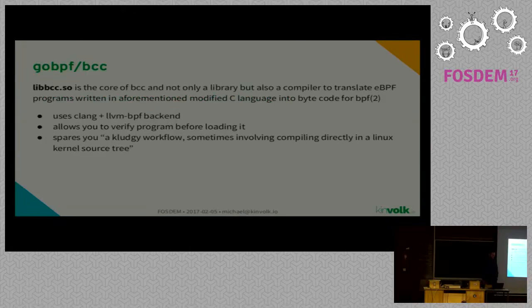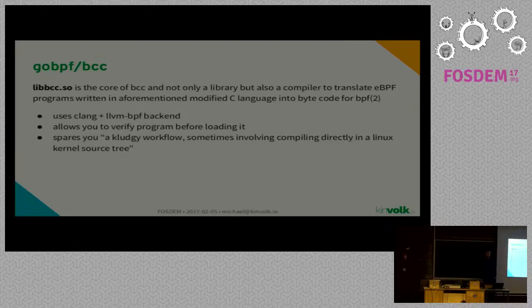libbcc actually is not only the library which helps you to write your program, but it's also a compiler. So it works like you pass it your program as source code. Either you read it from a file, or you just have it in your Go code in some constant, for example. And then it translates your program into BPF bytecode.